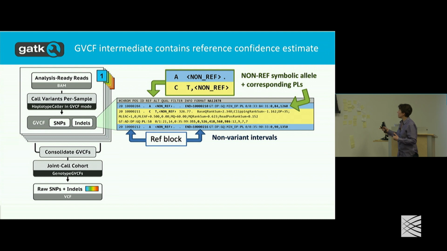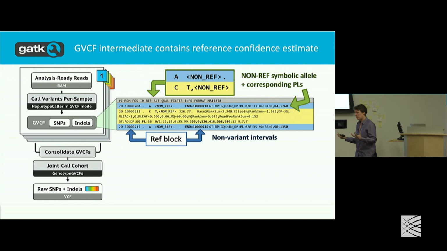And we're using this non-ref allele, this symbolic allele, to basically act as a placeholder so that we can have Phred scale likelihoods of the homozygous reference case, and also the non-ref.